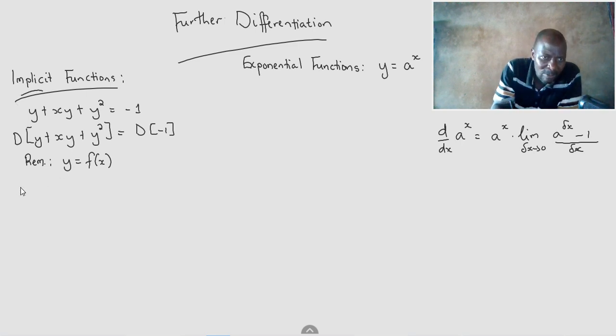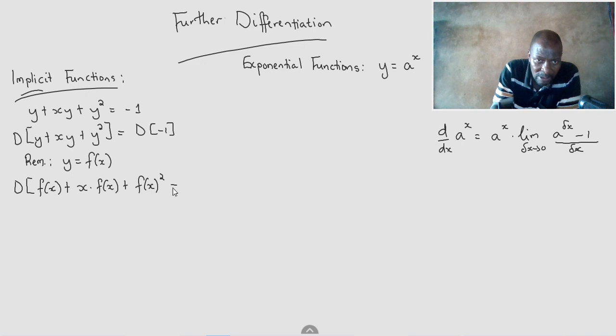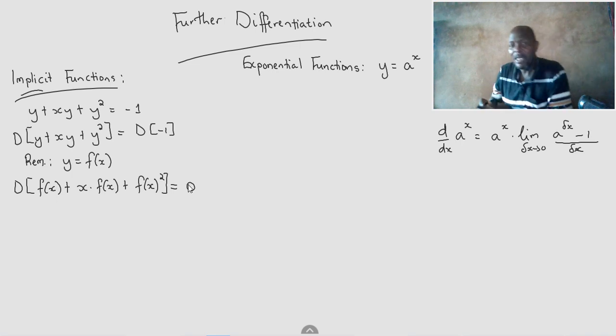So if this is f of x, the derivative of f of x plus x times f of x plus f of x squared is equal to 0, because the derivative of any constant, positive or negative, is going to be 0.